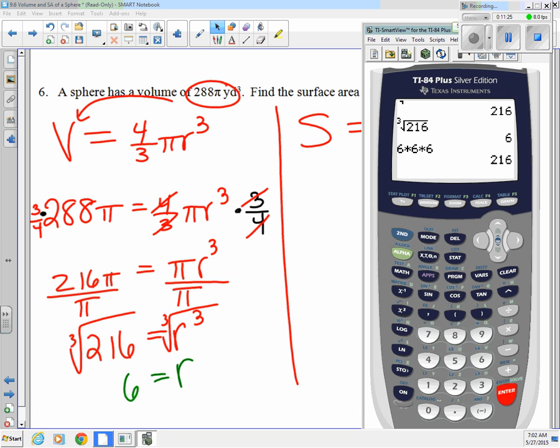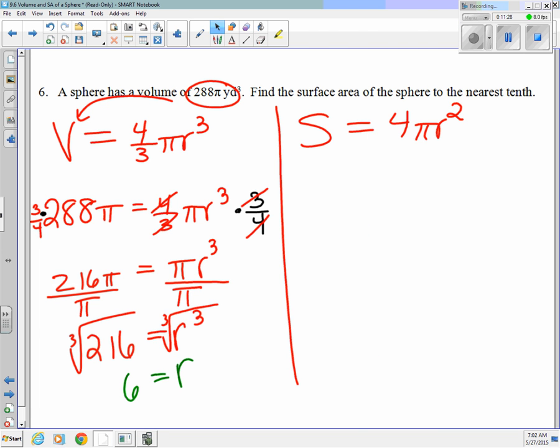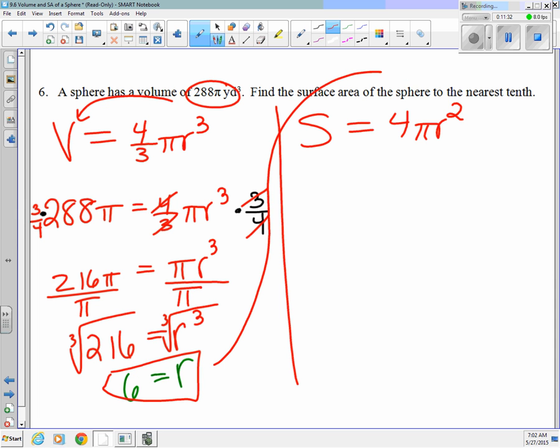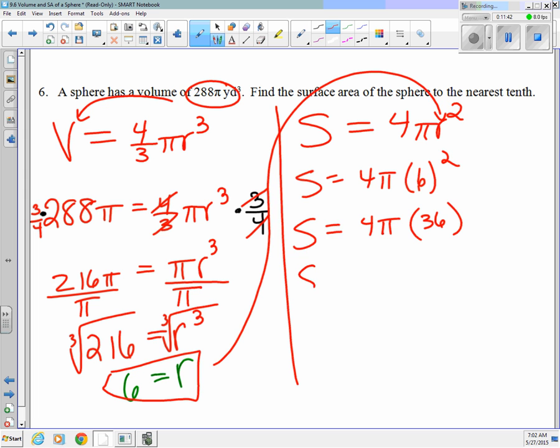And then I can use that radius to go get the surface area. So I can take the radius of 6 and go get the surface area now. So now my surface area is 4 pi times 6 squared. The surface area is 4 pi times 36. 36 times 4 is 144.